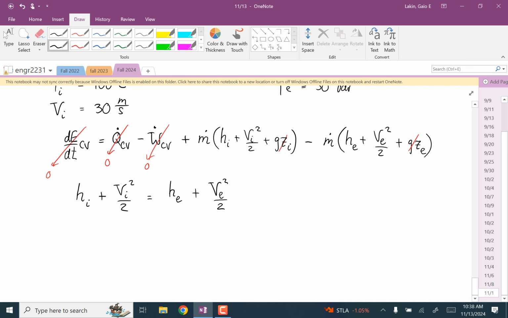And we can look up these h's. So use a table for h inlet and h exit.